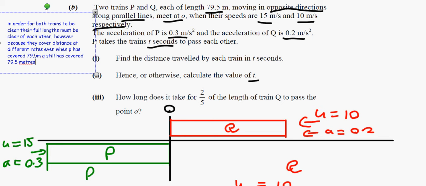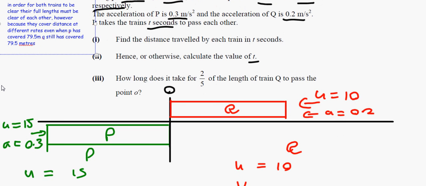Basically the distance P covers and the distance Q covers has to be equal to the length of both trains. Because from here all the way to here, that is basically the length of two trains. So both of them have to cover a distance equal to this to clear each other.